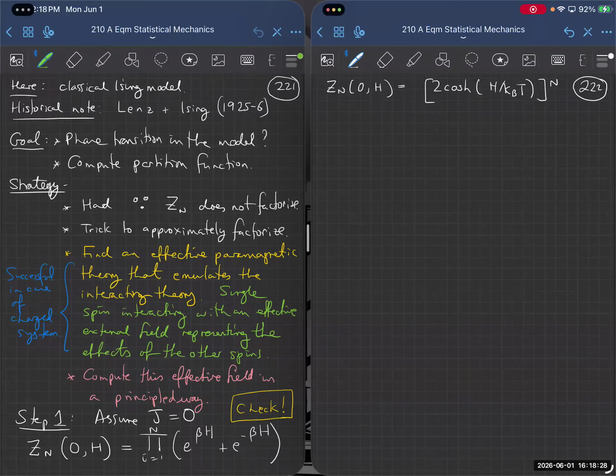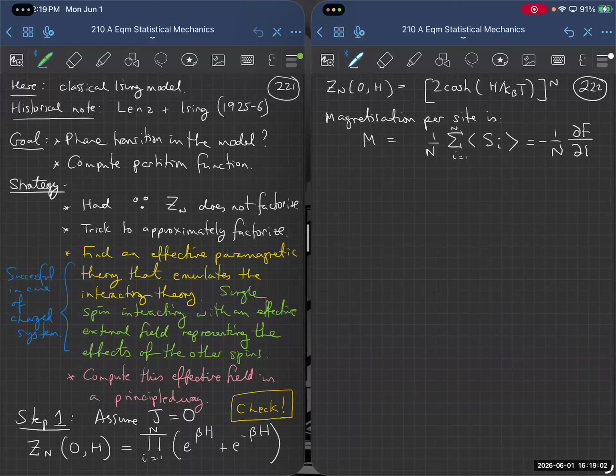And if I want to know what the magnetization is, the magnetization per site, that's just m. I'm going to sum over all the lattice sites, work out the expectation value of the spin, and then divide by the number of lattice sites. So that's the magnetization, and that is minus 1 over N dF/dh.